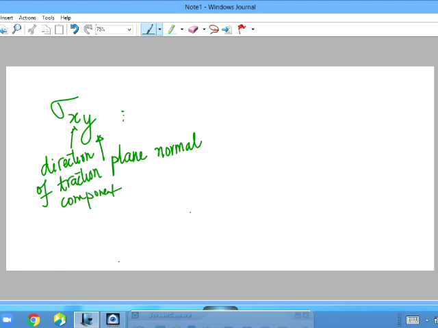So sigma xy basically means the traction on y plane in the direction of x. That's E1, for example, if it is in the x direction. So traction on y plane in the x direction. So that's our convention. But in most of the books of linear elasticity or strength of materials, you will see the notation is somewhat opposite.